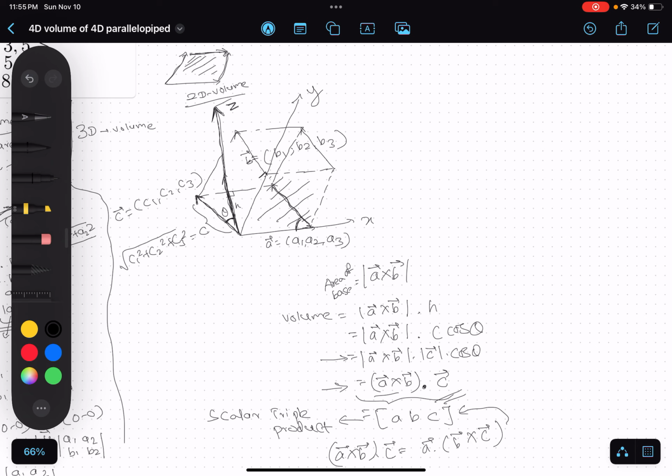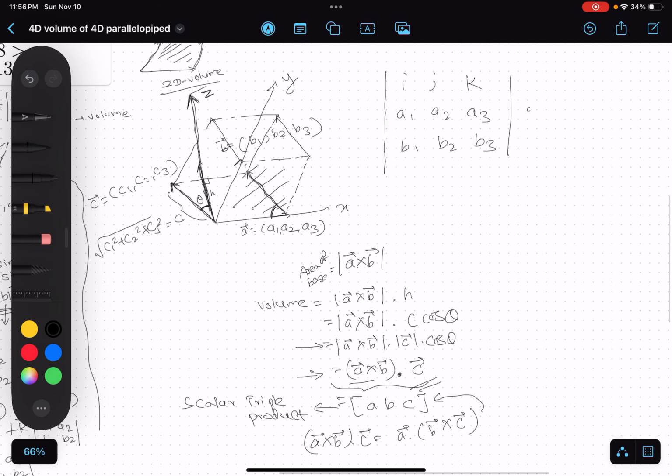So first of all, A cross B. To find A cross B, what I can do is write i j k, A1 A2 A3, B1 B2 B3. This is our A cross B, right?